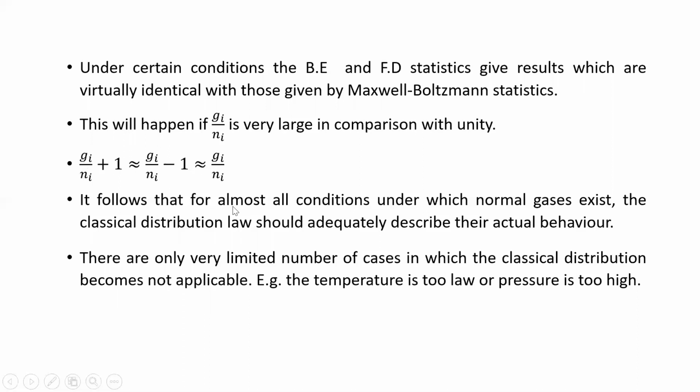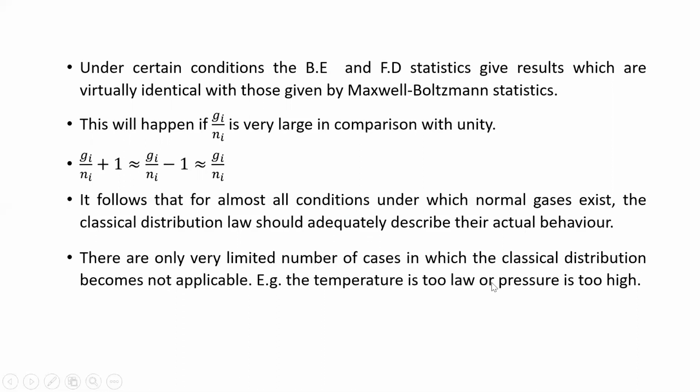It follows that for almost all conditions under which normal gases exist, the classical distribution law should adequately describe their actual behavior. There are only a very limited number of cases in which the classical distribution is not applicable. The temperature is too low or pressure is too high.